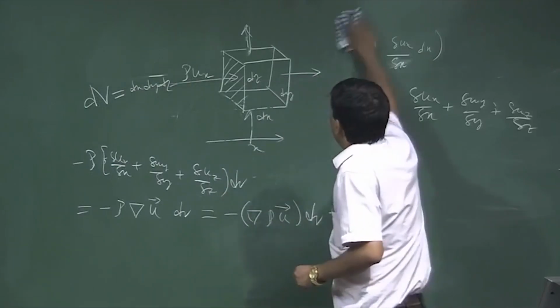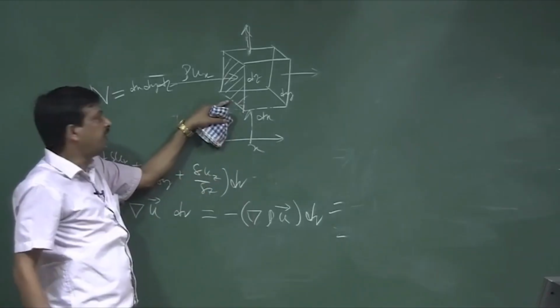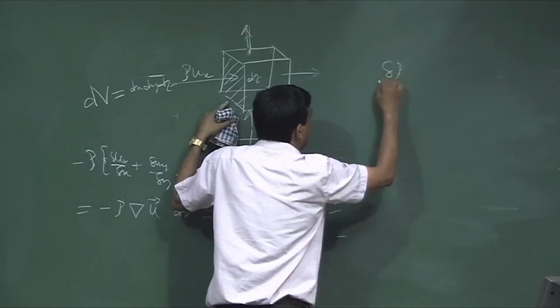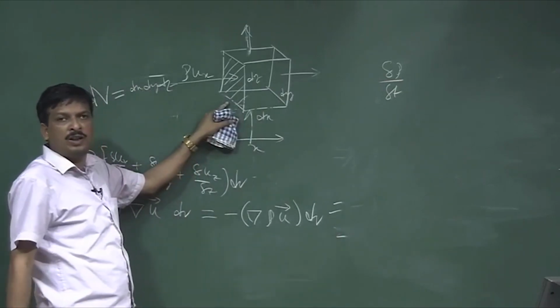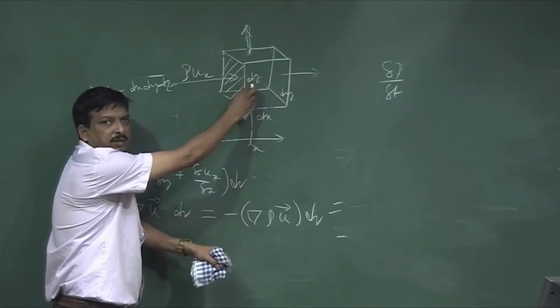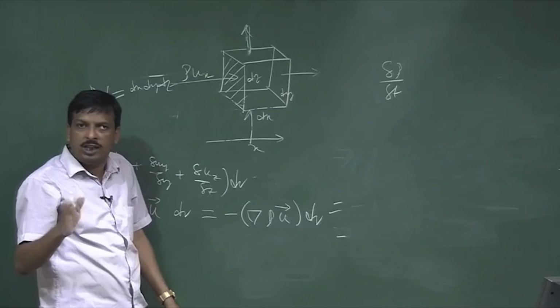Now, if this amount of mass is increasing here, that is nothing but the rate of increase of mass with respect to time, the rate of increase of density. So, what will happen? If some mass enters here, the density of this volume will change with respect to time.